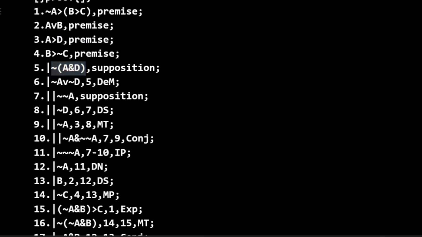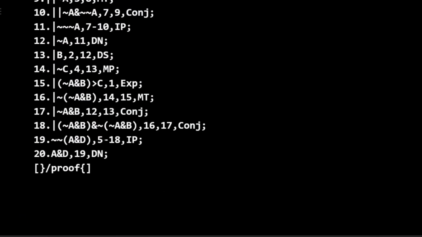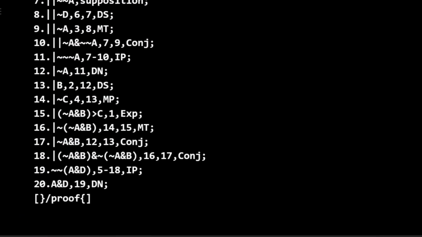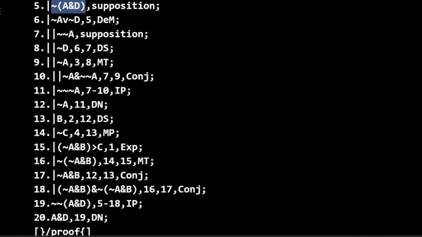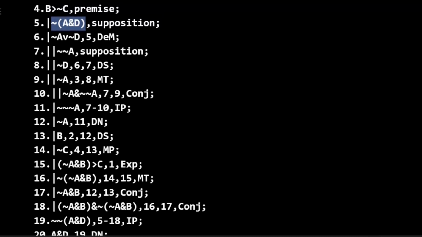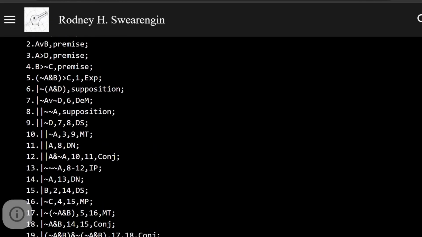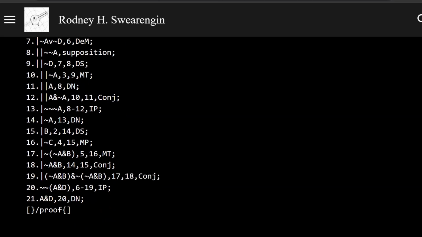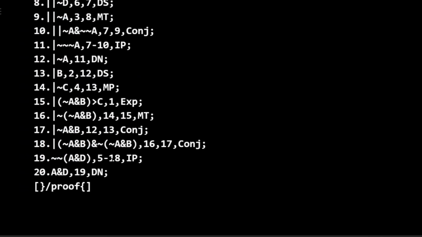Now the proof in the textbook is a little cleaner. Oh, except mine ended up one line shorter. Did I misapply a rule? I don't think so. I think I just took a slightly different approach. The one in the textbook does use exportation here, so that makes the indirect proof segment shorter.